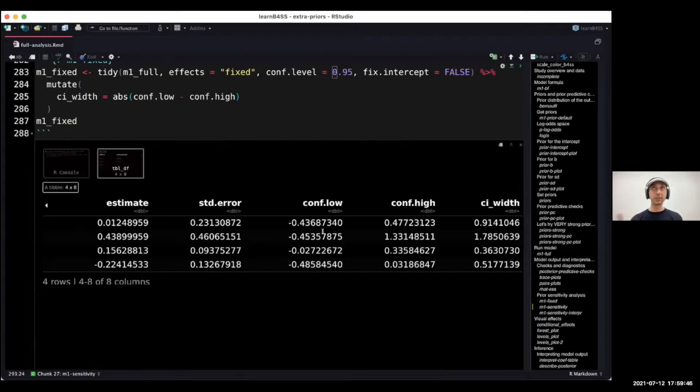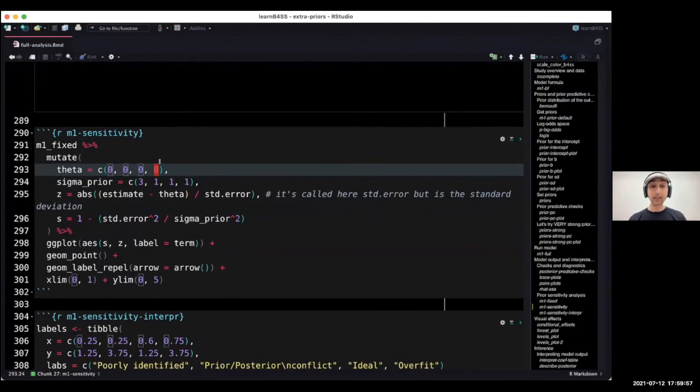So if you have 10 fixed effect parameters in the model, this table will have 10 rows rather than just 4. And what you do basically is for each of those parameters, you have to declare the mean, the center of the distribution.